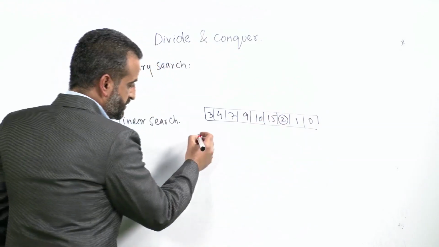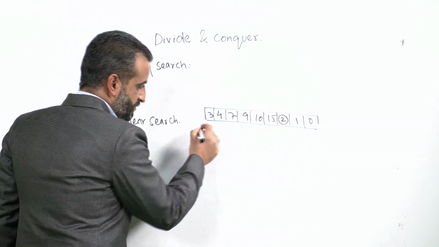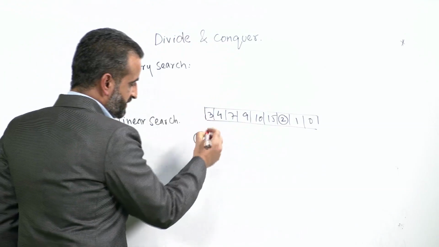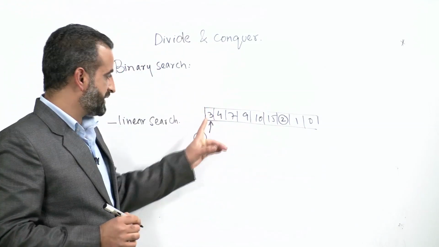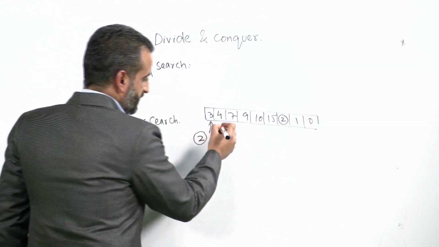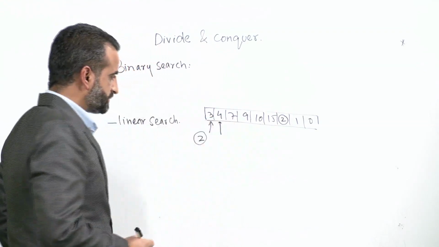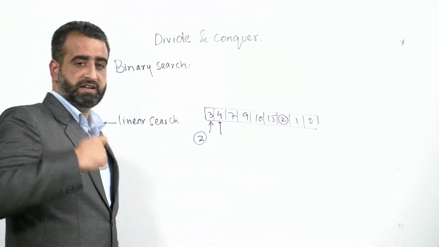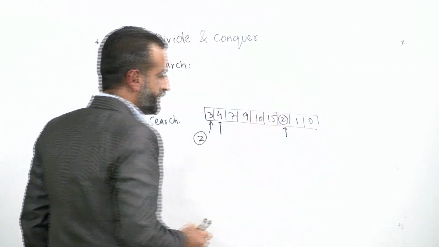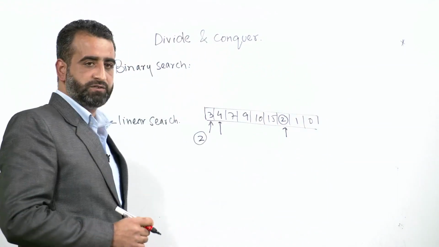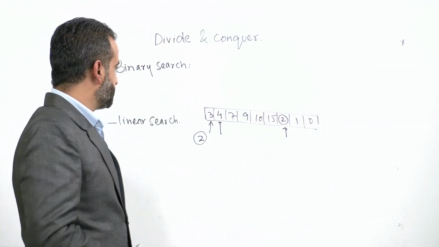So I will take my value 2 that I am trying to look for and compare it with the first element 3. Since this is not the element that I am looking for, I will move ahead on the array and compare it with the next element. Using this strategy, I will traverse every single element of this array till I reach the 2. This is where the condition is satisfied and the element that we are trying to search for is returned.